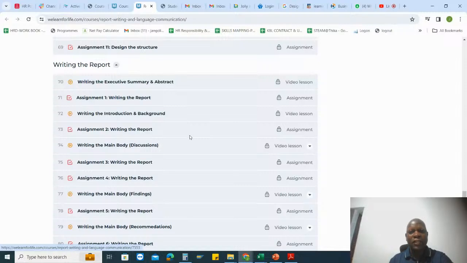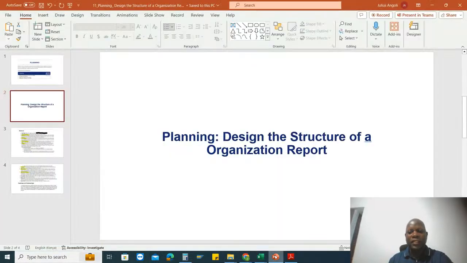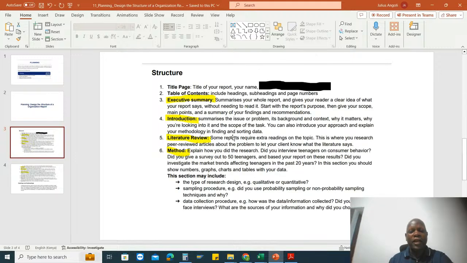And you'll have done exercises accordingly. So coming to the session, we are looking at different facets of the structure, different parts of the structure of a report. So we have the obvious parts like title and table of contents. Basically, these are areas that help us organize our reports so that they are presentable and can be easily followed, or the reader can pick a part of the report from the contents and read through.